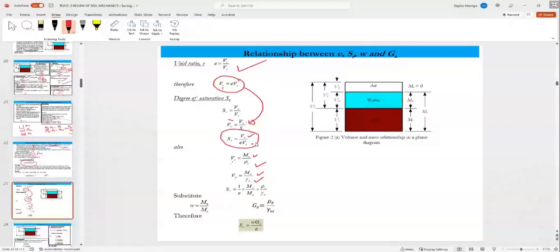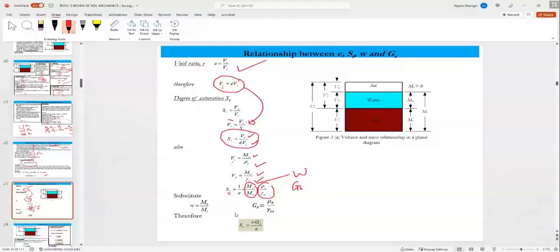We want to combine these two. It makes the degree of saturation S equal to one over e, times mass of water over mass of solid, times the density of solid over the density of water. What is this? It is the water content. And the density of solid over density of water is the specific gravity.